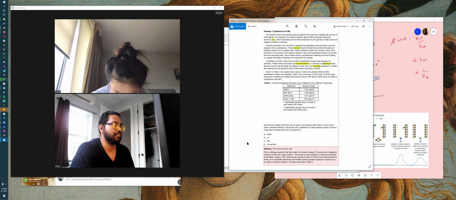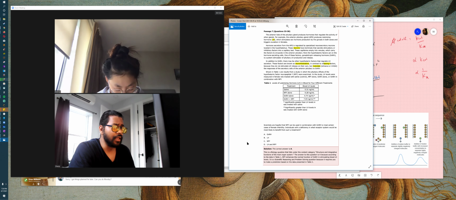So the next question is related to hormones. Scientists are hopeful that NPY, which is neuropeptide Y. Okay. And then they give us LH levels. I'm just looking at table one.